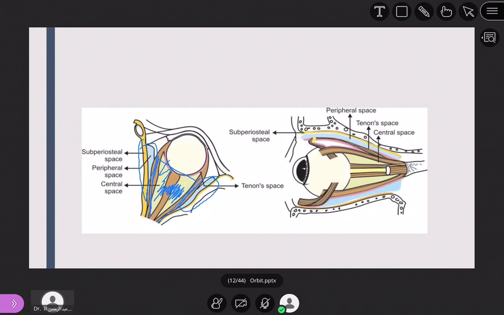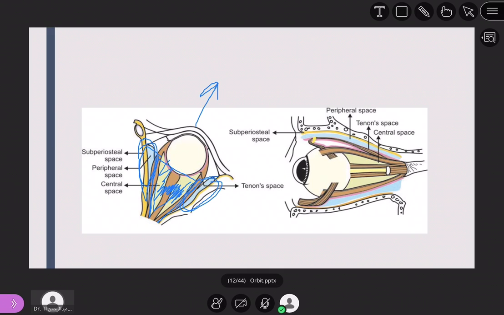Why is it important? Because if you have anything inside the cone, it will cause axial proptosis, which means that the globe will be pushed anteriorly. However, if you have something in the extraconal blue area, the globe will be pushed to the side, so there will be asymmetrical globes.